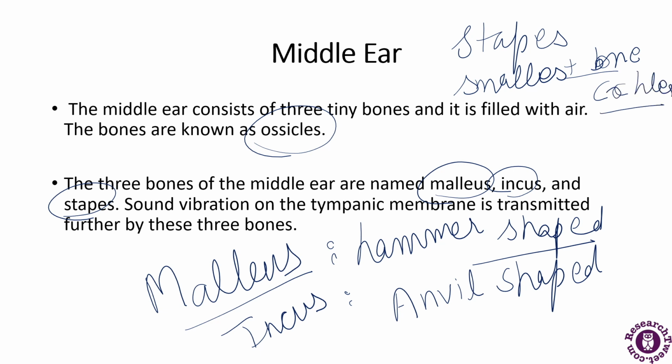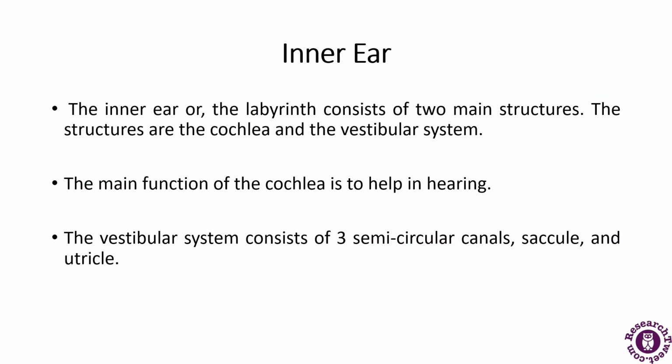So this was about the middle ear. The middle ear amplifies the sound waves and transmits them to the inner ear. Now the function of the inner ear comes into the picture. The inner ear is also called the labyrinth. It consists of two main structures: the cochlea and the vestibular system.